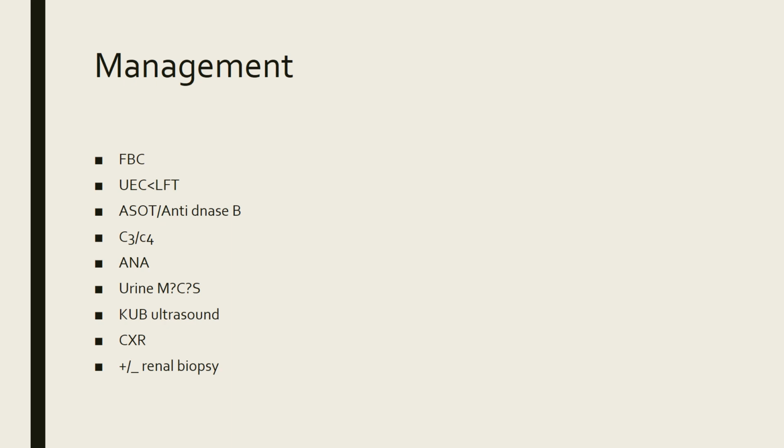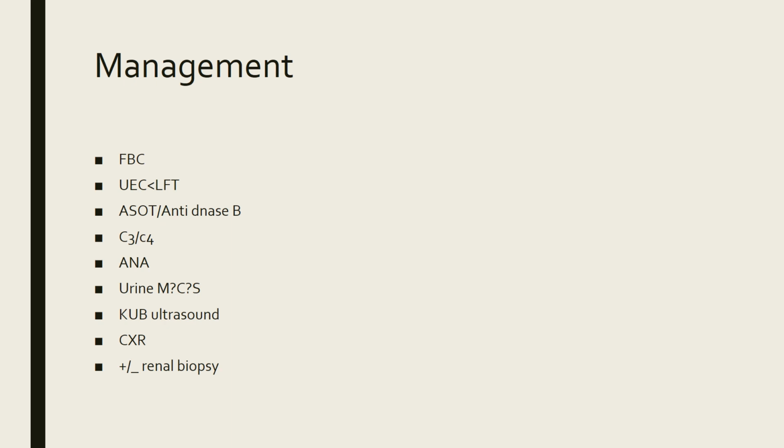And then we want to look at the kidney structure. There are features that suggest chronic disease in the kidney. So we'll do a kidney, ureter, bladder ultrasound. Then we're interested in doing a chest x-ray. Remember those connective tissue diseases, things like microscopic polyangiitis, anti-glomerular basement membrane disease, even SLE, for example, they can cause a pulmonary renal syndrome. So you want to check for hemorrhagic lesions in the kidneys and the lungs.